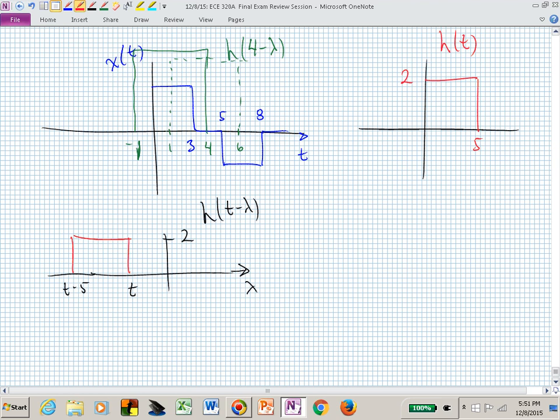You have one where this -1 stays to the left of 0, and you're going to have another overlap pattern when that leftmost point goes through 0. So you can see that you're going to have several different cases. Is that clear or not?